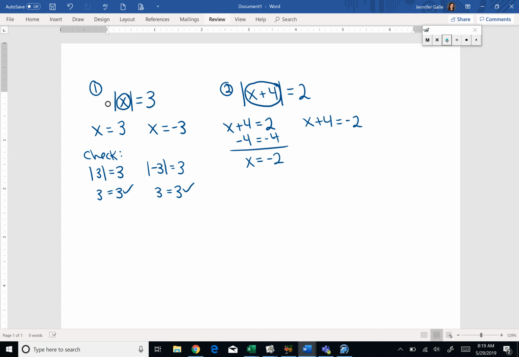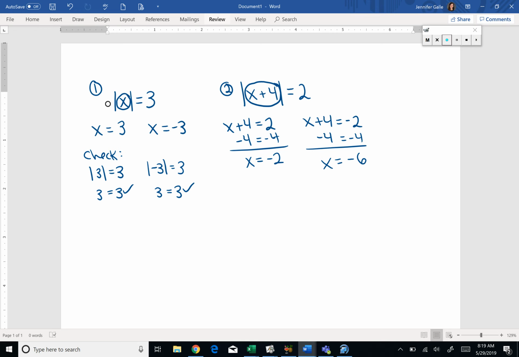You guys knew how to solve equations before we even started this school year. You knew that from last year. You knew how to undo addition. You know how to undo subtraction. You know how to do those things. You know how to solve an equation. We're adding that new absolute value piece in there. So we do the same thing to the other one. So x equals negative 6.